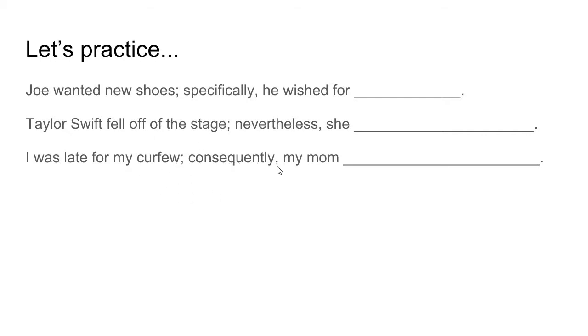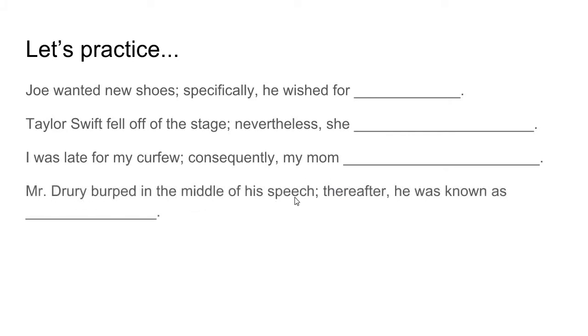Consequently, that's our conjunctive adverb, comma, my mom is the subject. I need to finish the sentence with the verb. So I was late for my curfew; consequently, my mom grounded me. Mr. Drury burped in the middle of his speech; thereafter, he was known as the gassiest teacher on campus.